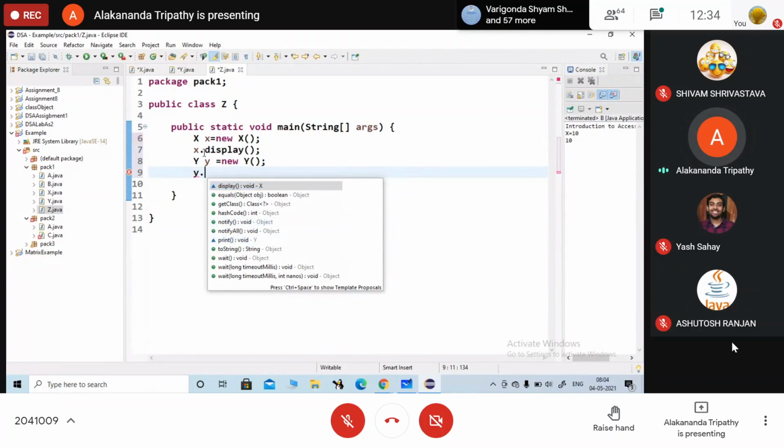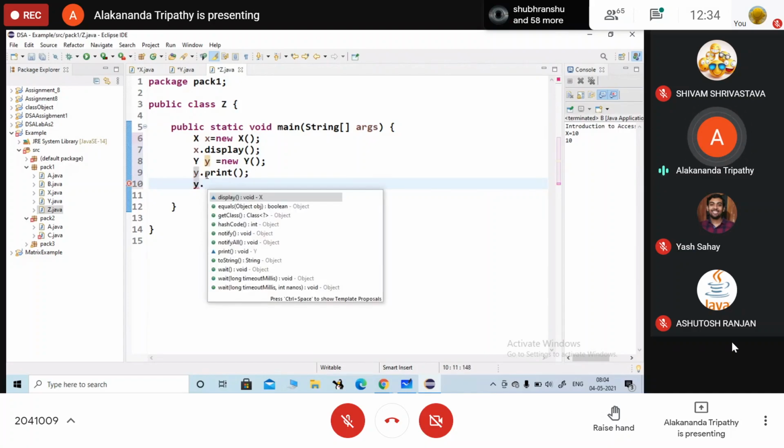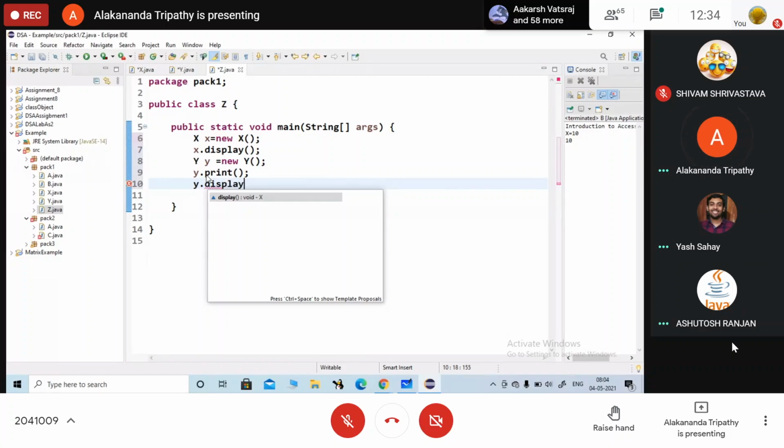ओके, but when I created the object of the class X, हमें कौन सा मेथड बस आया? We just checked the display method, but as Y is the derived class, it is inheriting the properties of which class? X class. Base class, as well as it has its own properties. अपने क्लास का भी properties है.